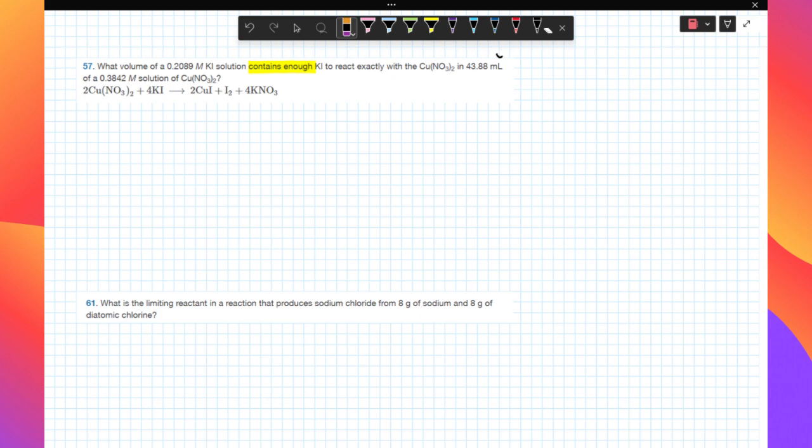What volume? Okay. Let's see here. We're given a concentration, to react exactly with a volume of copper nitrate.